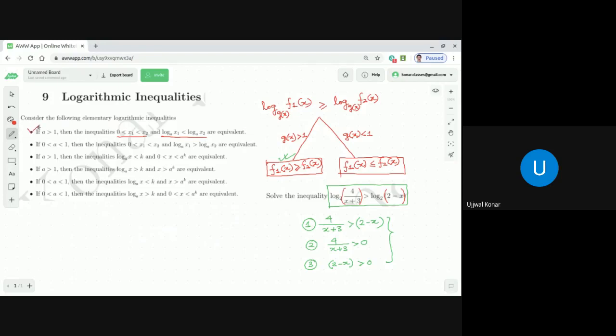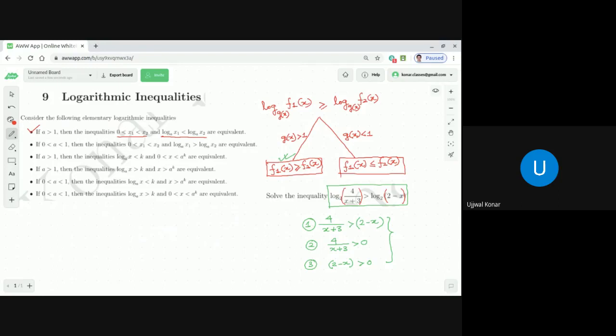That means one follows the other. When the base of the logarithm is greater than 1, 0 less than x1 less than x2, we can convert it to x1 less than x2 because log of a negative number is not defined. So x1 less than x2 implies that log of x1 base a is less than log of x2 base a, and vice versa.